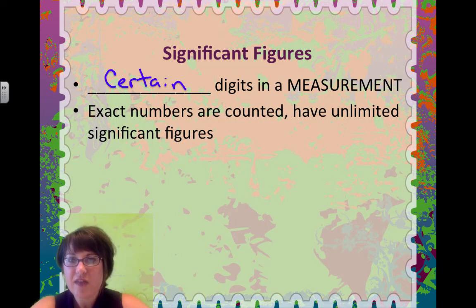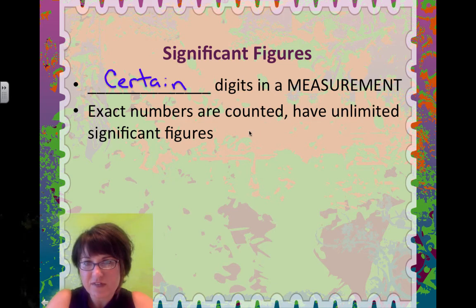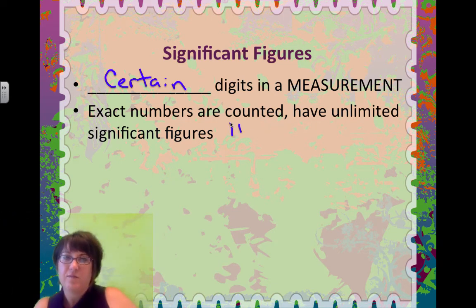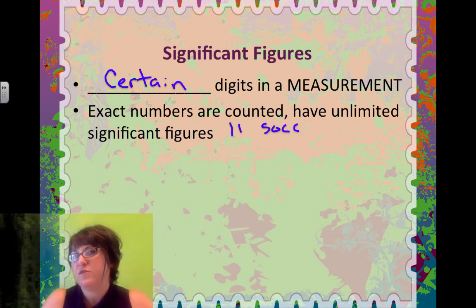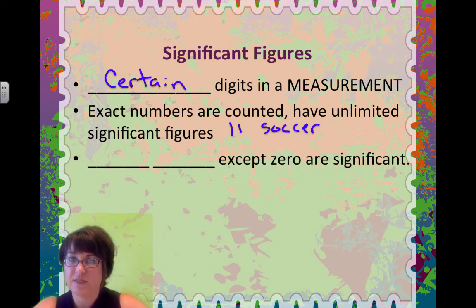If you have an exact counting number, those are considered to have unlimited numbers of sig figs. Like if you have 11 soccer players, for instance, we think 11 is going to be counted as 11.00000 because the chances of you having a 0.5 soccer player out on the field is pretty low unless something goes horribly wrong. So counting numbers are considered to have unlimited sig figs.